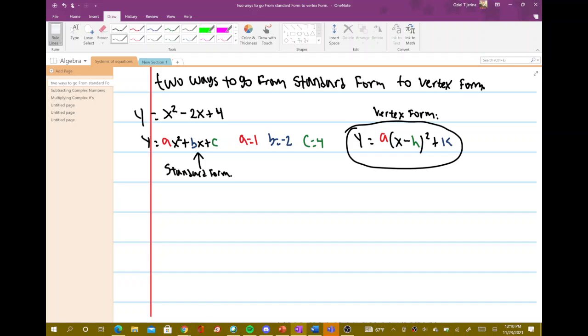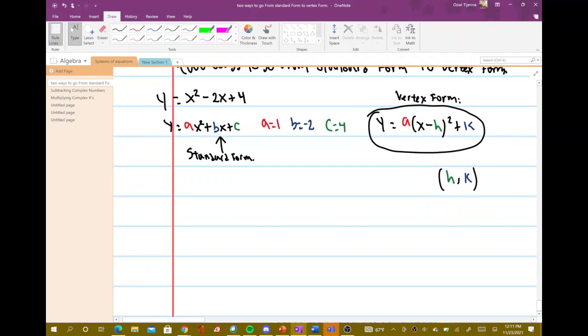And also, we know that when we have the vertex form, if we have (h, k), that is considered our vertex, right? So we're going to find what is called the axis of symmetry.